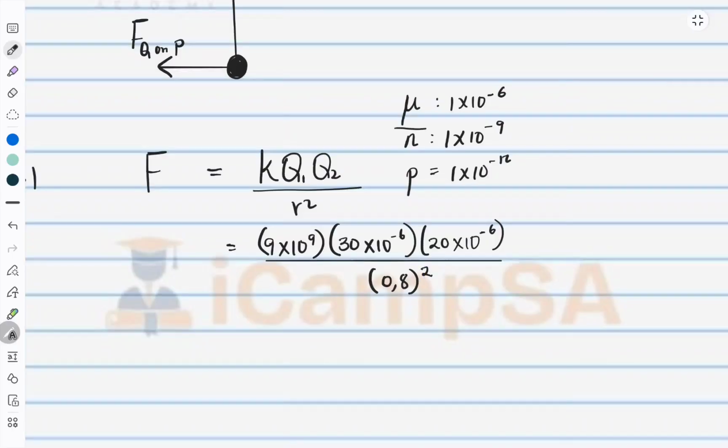So we square that. We're dividing by 100 because we are converting from centimeters to meters. We only work with meters here, remember that. This is 30 times 10 to the power minus 6 times 20. We don't include the signs for the charges when we're calculating the force. It's not important.